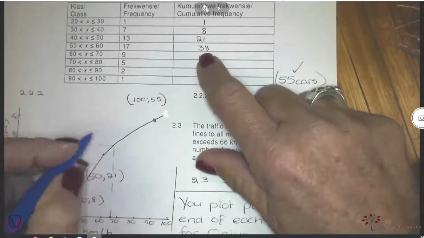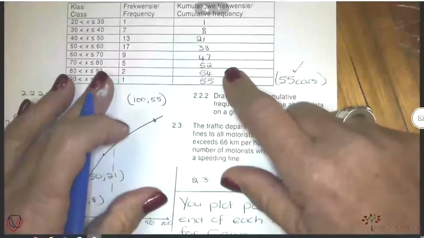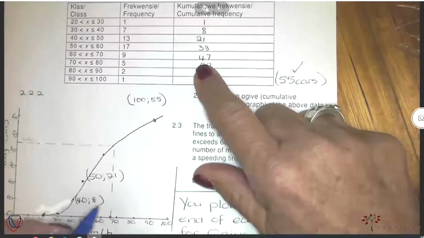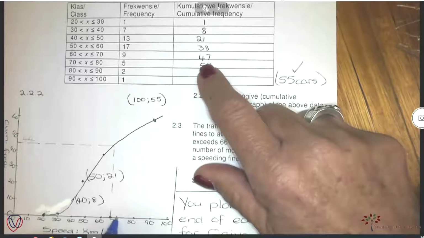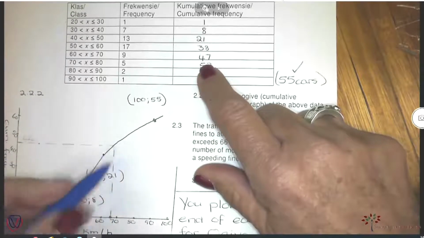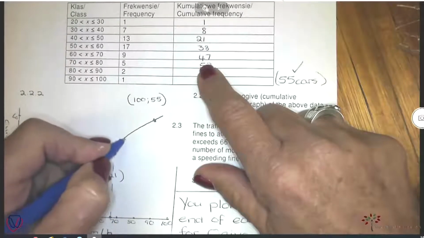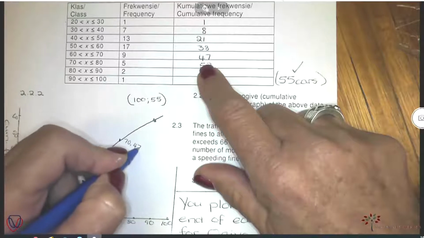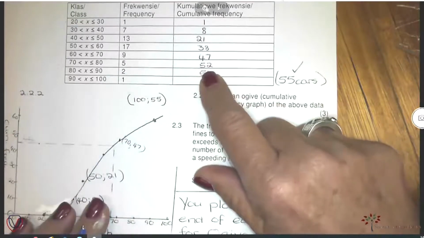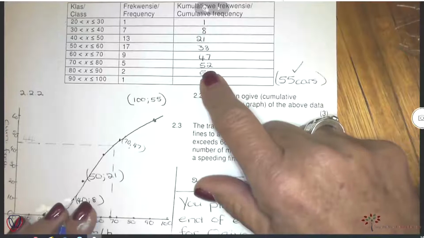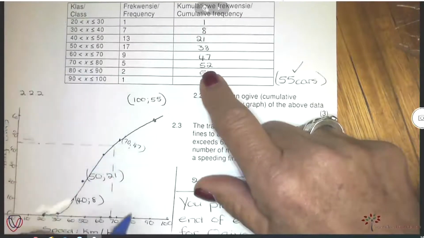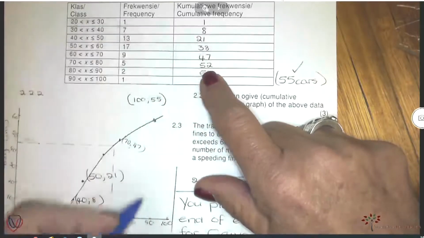I didn't write all the coordinates. You don't have to write all the coordinates, people. Then, end of this class is 70, and there's your 70. And this one is 47, it's over here. 70, 47. At the end of this class with 80, we've got 52.